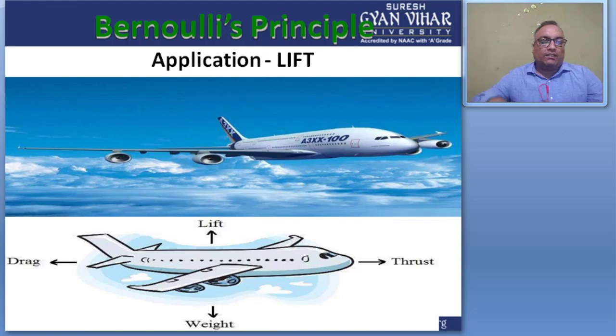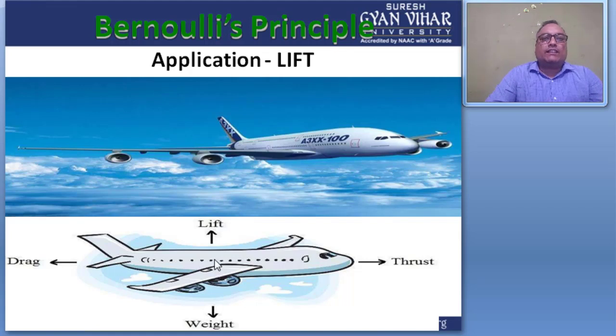This is due to the pressure difference between the upper and lower surface of the wing, and this can be explained by Bernoulli's principle. This is an application of lift, and if any airplane flies in the air, it creates some forces, and these forces include lift.